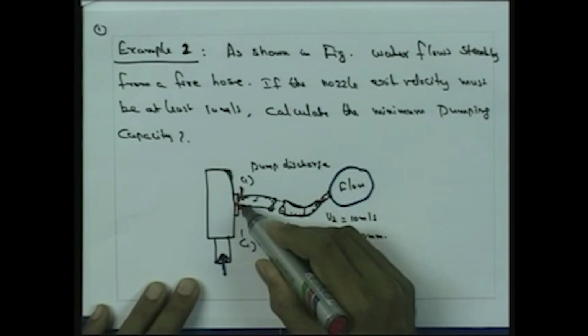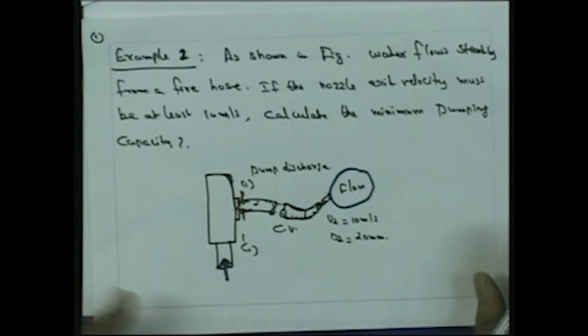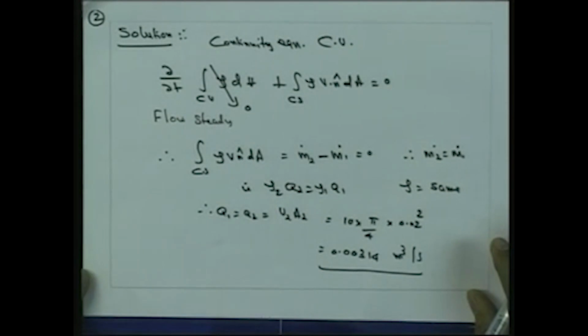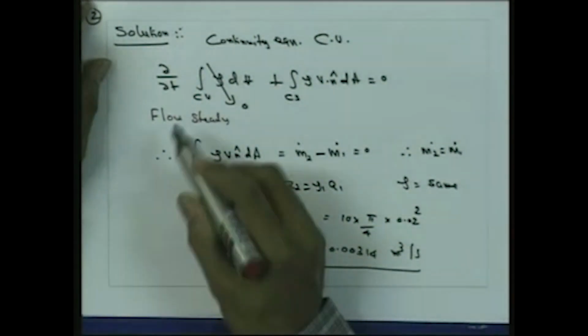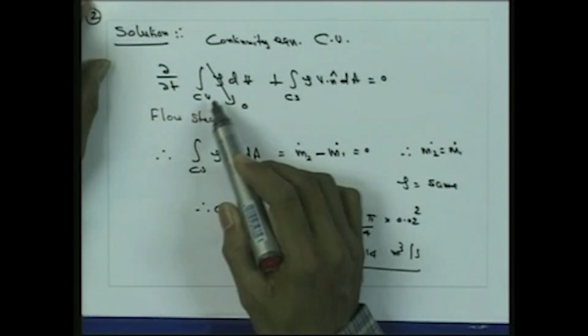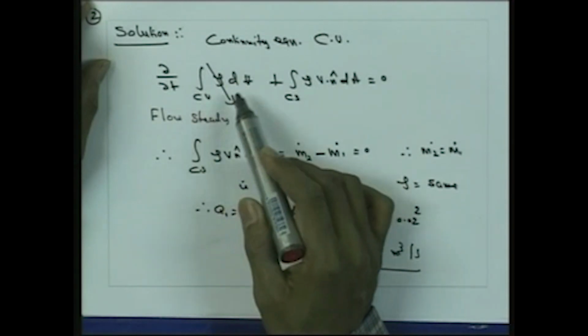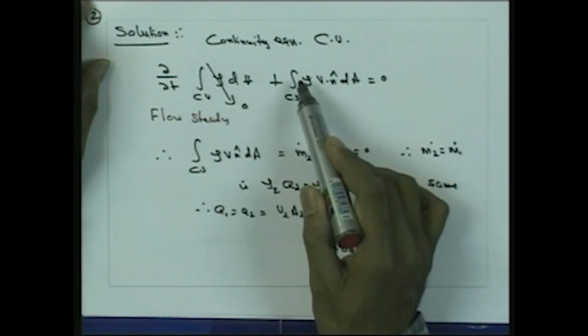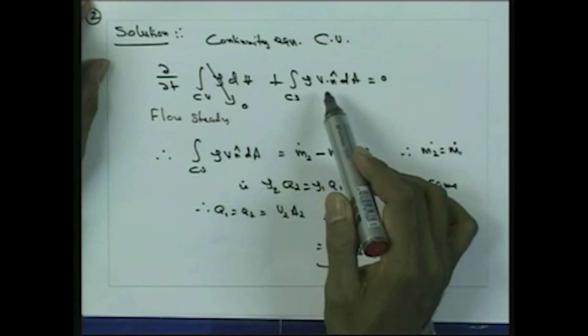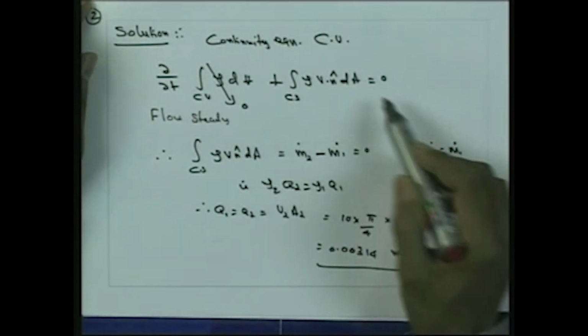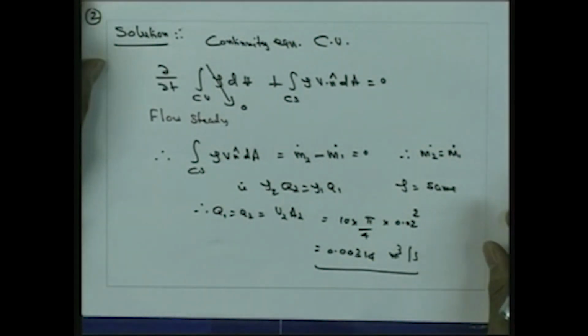So there are one inlet and one exit as far as the system is concerned. The continuity equation, in the integral form we have discussed, is ∂/∂t of the integral over the control volume of rho dV plus the integral over the control surface of rho V n hat dA, which should be equal to 0 according to the continuity equation.